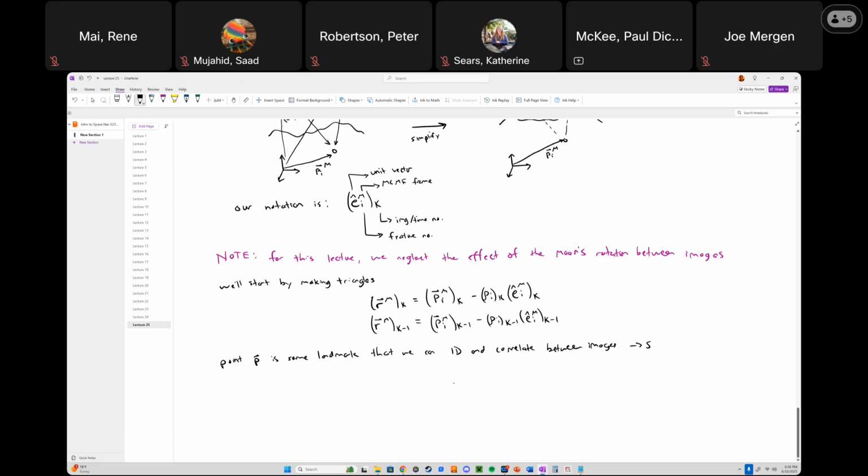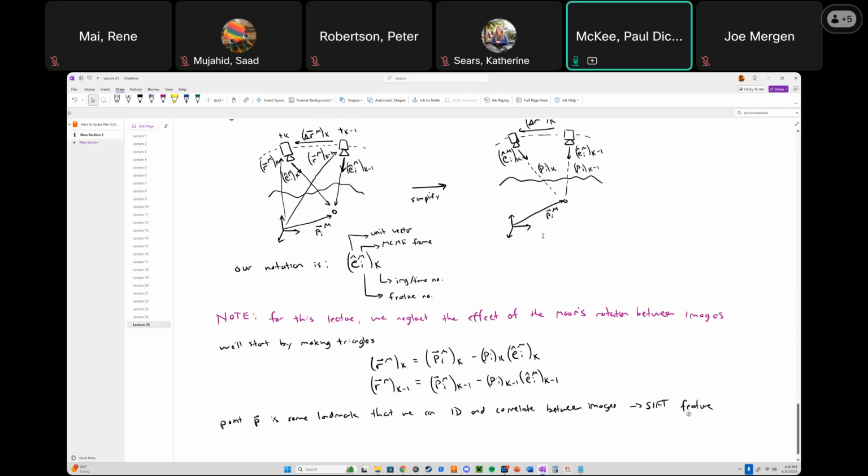It is a SIFT feature. You might be saying, well, Paul, you've taught me how to find point correspondence between digital images, not how to go look up the 3D location of a SIFT feature on the surface of the moon. Aha, here's the beauty of it. It's the same point. It didn't move between image 1 and image 2.